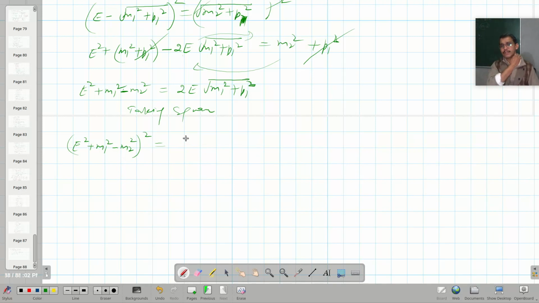4E square (m1 square plus p1 square), because our purpose from here is to evaluate the value of p1. That's what I am doing here, a little algebra.